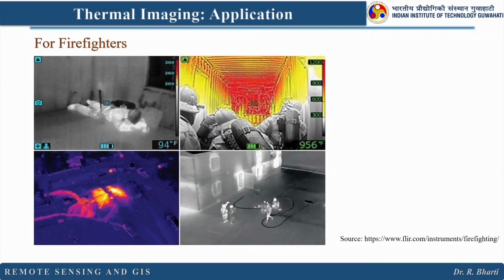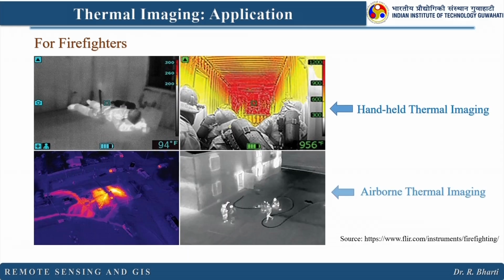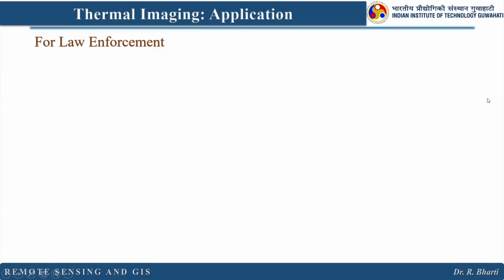Now for firefighters, this is very useful when you have a handheld thermal imaging camera or an airborne thermal imaging camera fixed in an aeroplane or helicopter. You can easily find the hot spots, right? The next one is for law enforcement.